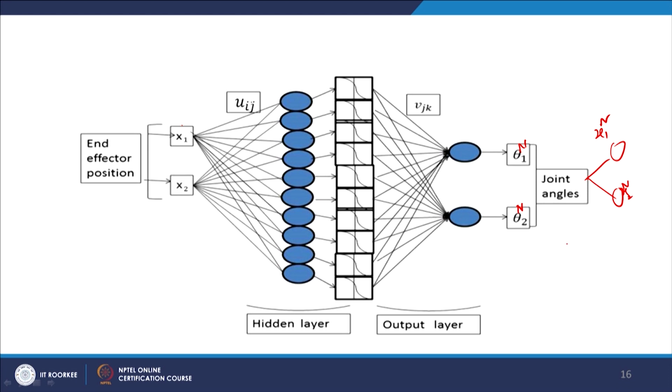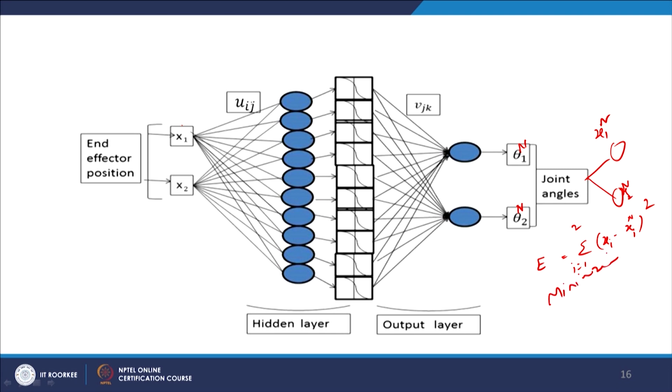The error is calculated: the error is the summation of (x_i minus x_i n) whole square, i equal to 1 to 2. So, this is minimized.